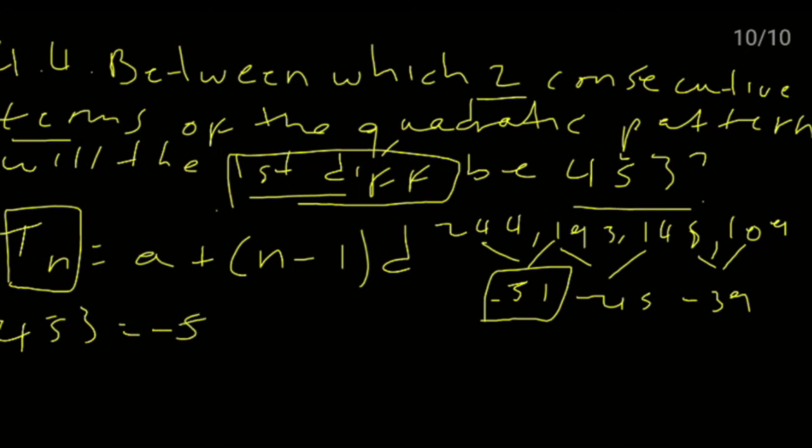Which is minus 51. Minus 51 into n minus 1, and then our second difference, which is D, we know that should be 6. So I just forgot to add a plus there.